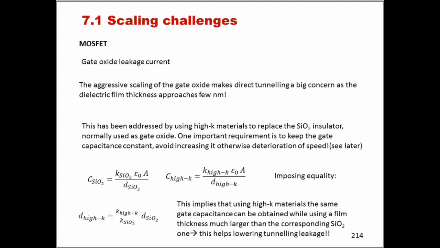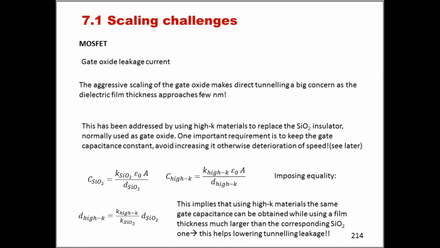Another of the very big problems that arise in scaling the transistor is the increased gate oxide leakage current. Indeed, as we've seen in chapter 1, when we said that we need to scale down the transistor, this means that we need to scale it down in all directions.